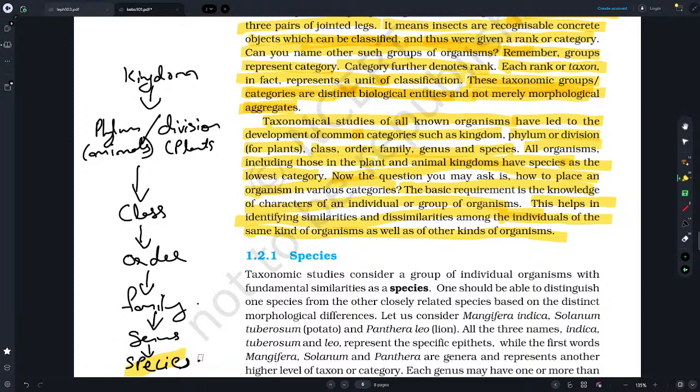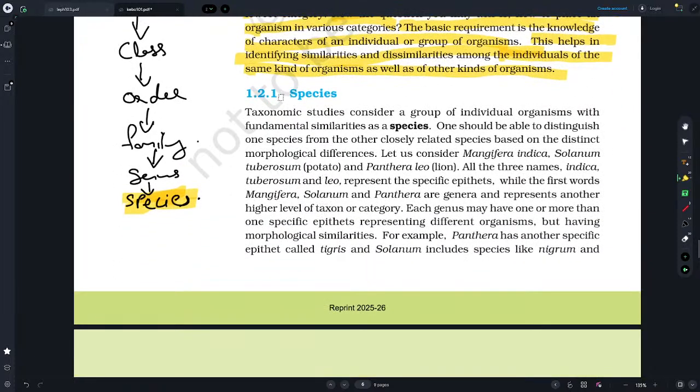All the species, if we take a specific species of indica, that species of organisms will mostly be having high similarities. Let's study about the lowest category, which is species.